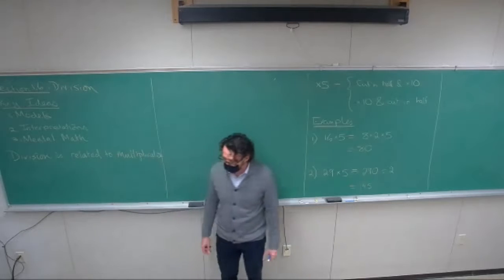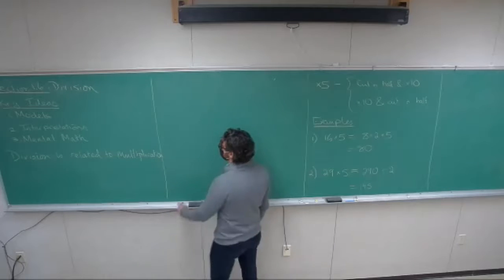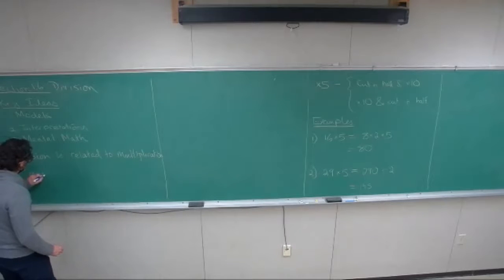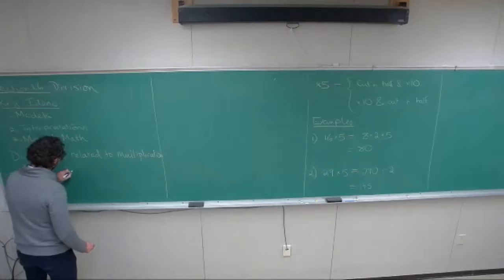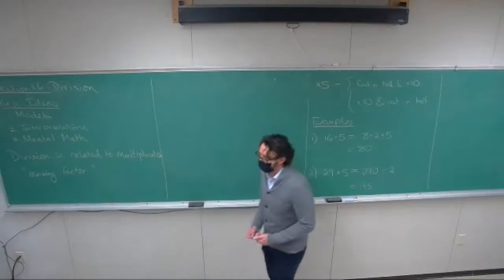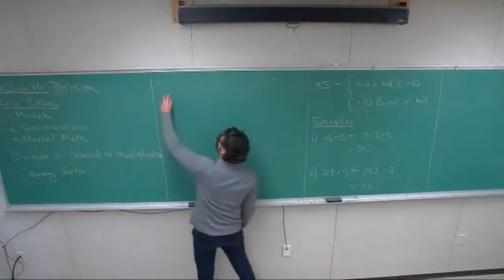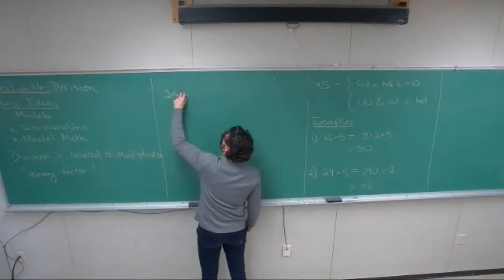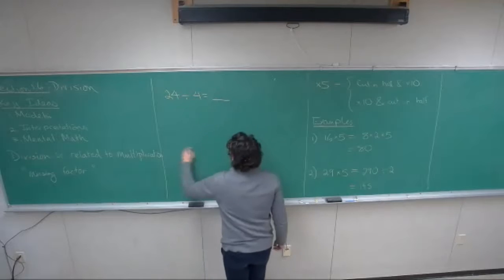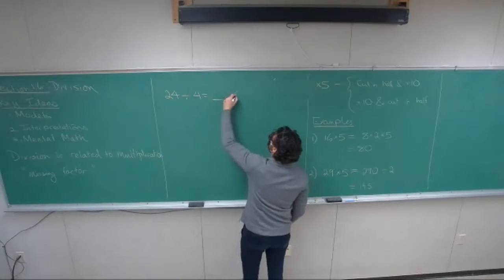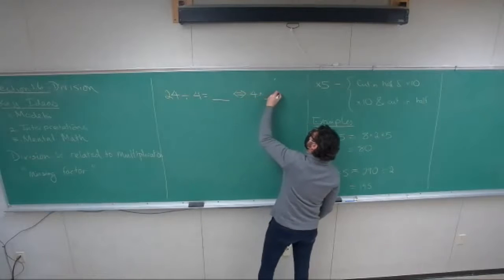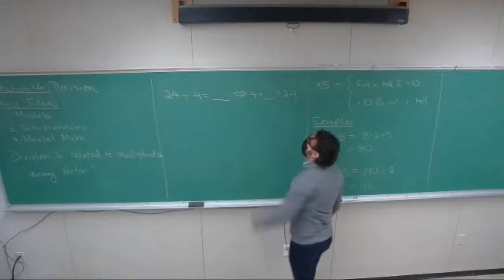First, division is related to multiplication. And one of the ways we can think about division is by thinking about the quote-unquote missing factor. Okay, so 24 divided by 4 equals blank is equivalent to saying this: 4 times blank equals 24.